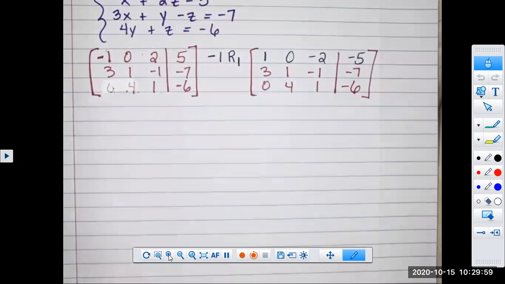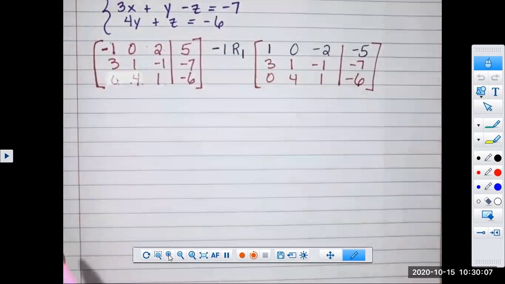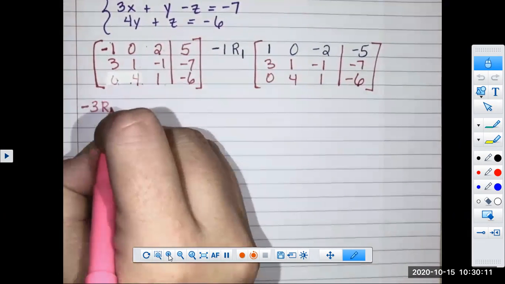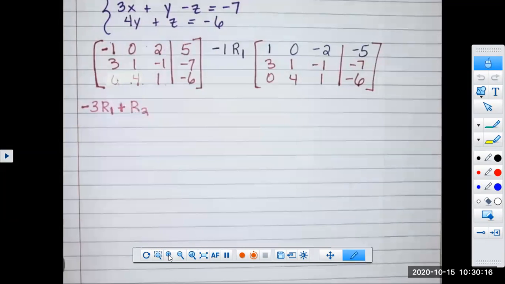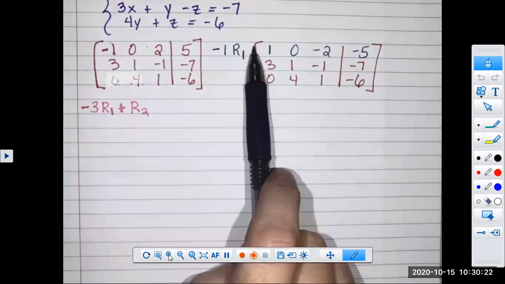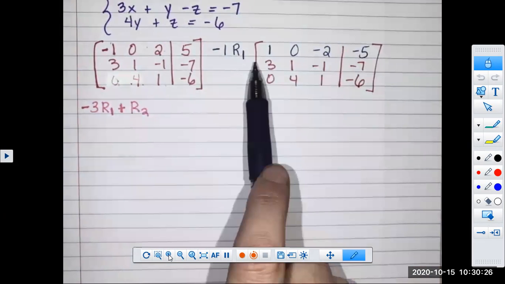Good. So we're going to multiply row 1 by negative 3, and then you're going to add it to row 2 to get your new row 2. So once again, I'm multiplying this by negative 3, and I'm going to add it to all these numbers to get my new row 2.